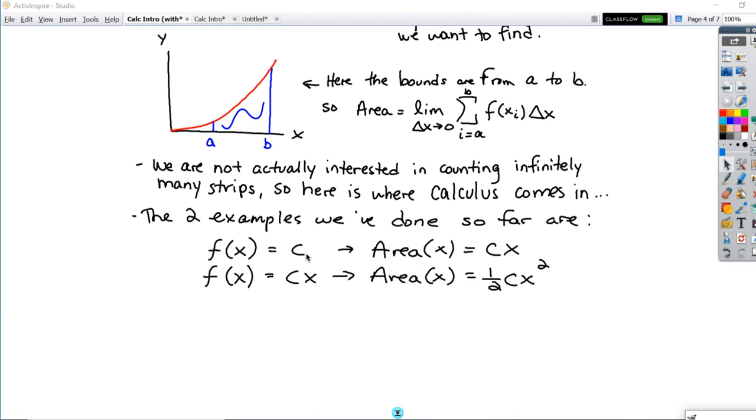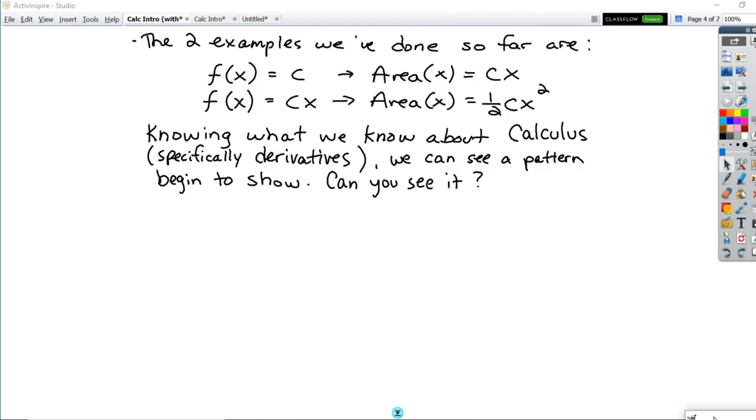We showed that if you have a function c, which is a constant, the area function that goes with it is cx. If you have a function cx, its area function is 1/2 cx squared. So knowing what we know about calculus, specifically derivatives, we can see a pattern begin to show with these two examples.